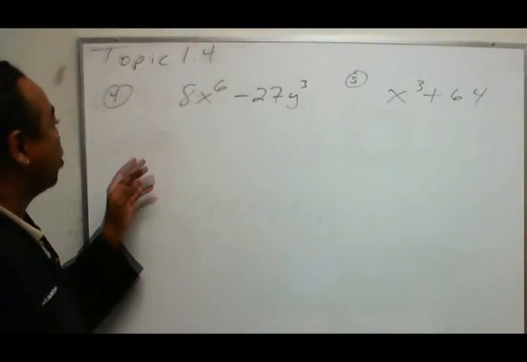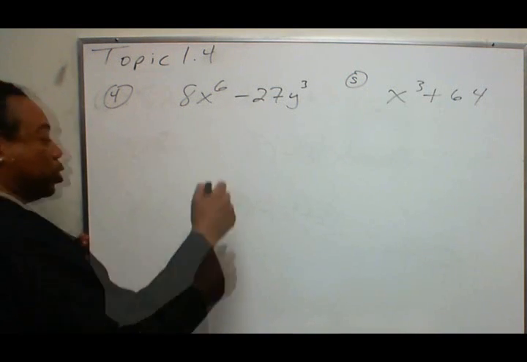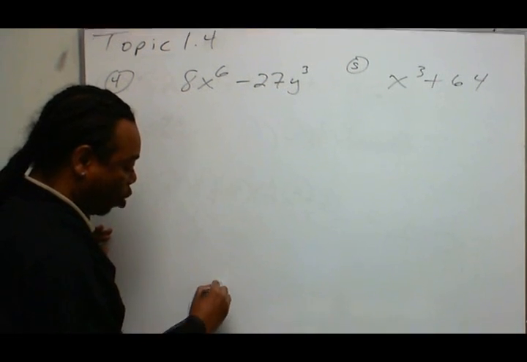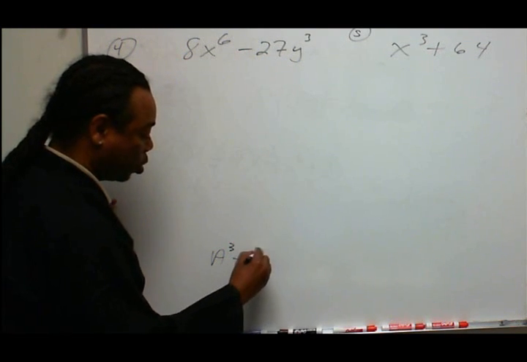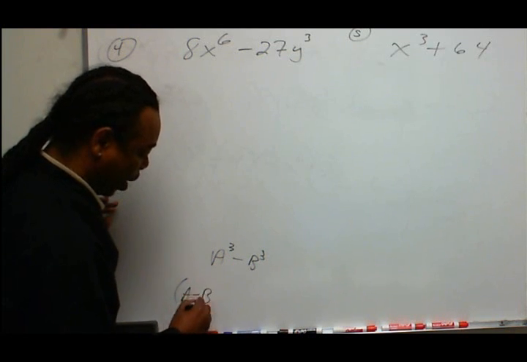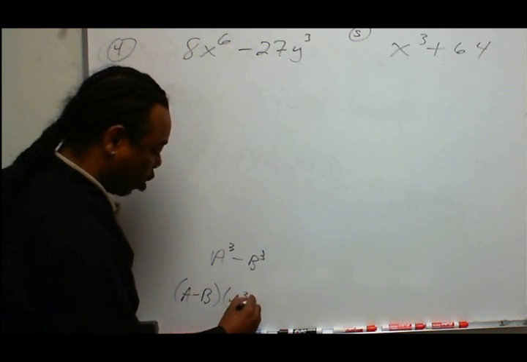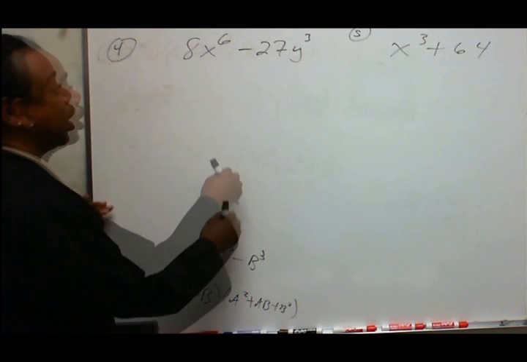Now we're going to factor number 4 and number 5. These are two binomials. The property I'm going to use for factoring this is the property that says if a binomial fits the difference of two cubes, you may factor this into a minus b times a squared plus ab plus b squared. Okay.